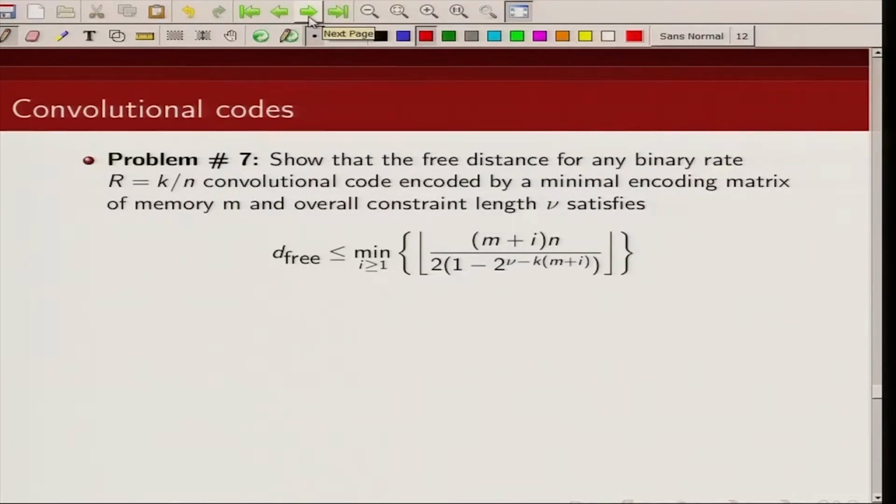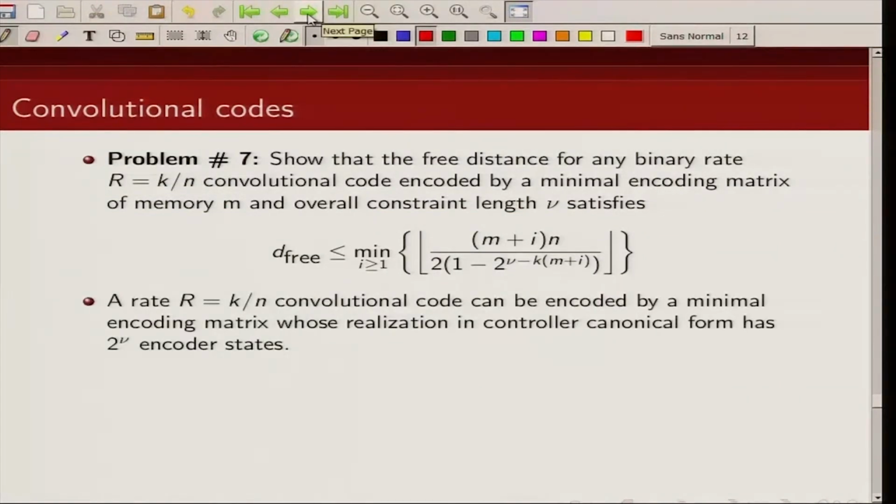Next, we are going to show a bound on the free distance of a convolutional code. So, show that if you have a rate k by n convolutional code whose encoding matrix has memory m and overall constraint length mu, then the free distance is upper bounded by this. If you have a rate k by n code, we can realize it using controller canonical form using 2^mu encoder states, because the overall constraint length is mu.